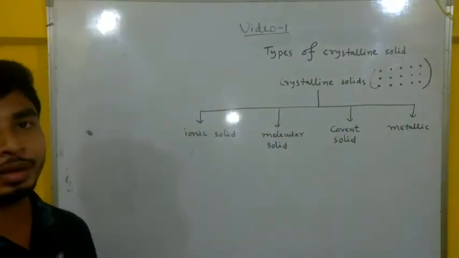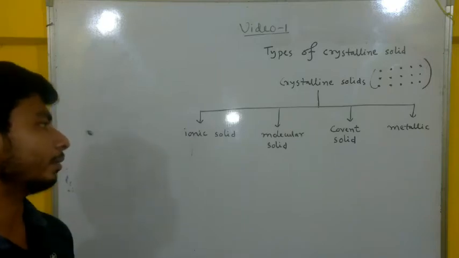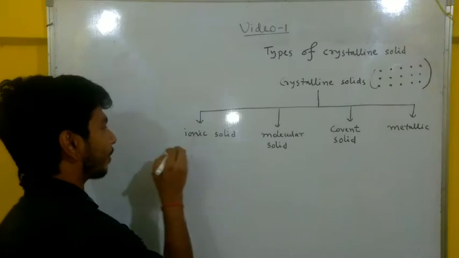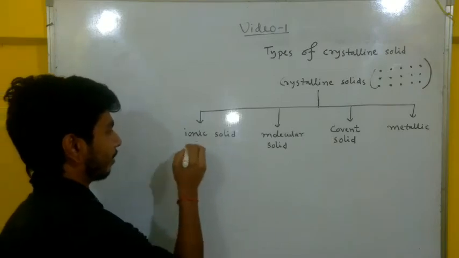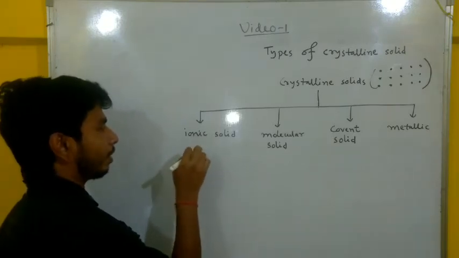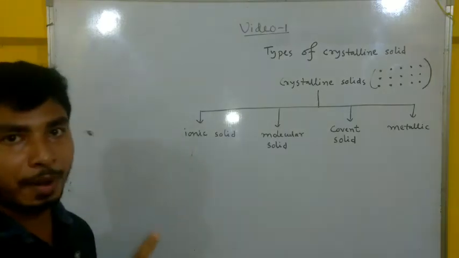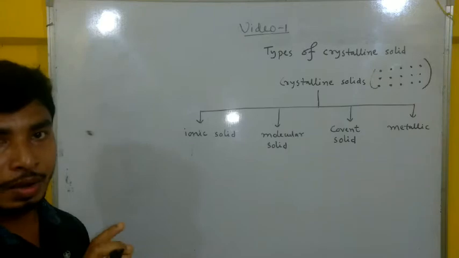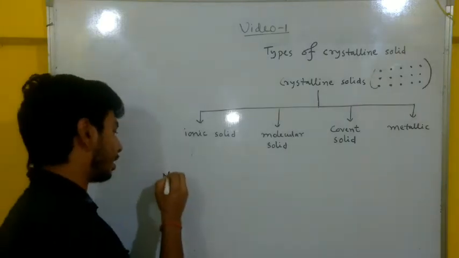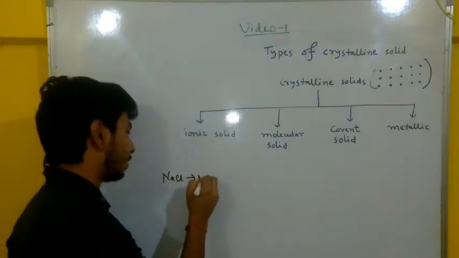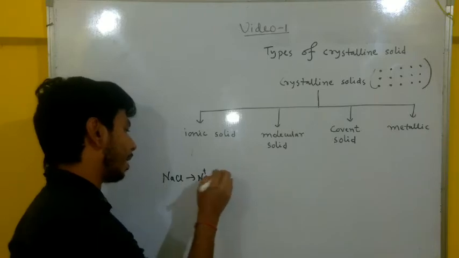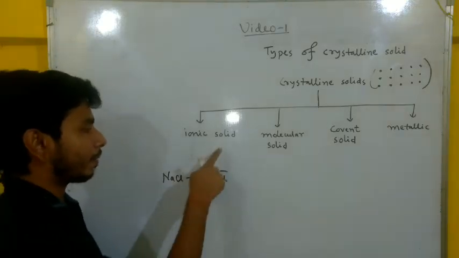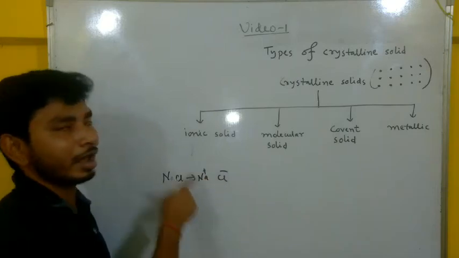Now what do you mean by ionic solid? In ionic solid, the constituent particles are ions. Ion means these are oppositely charged. Suppose NaCl. NaCl means Na plus, Cl minus. It is oppositely charged. So the crystalline solids are made up of these oppositely charged ions.